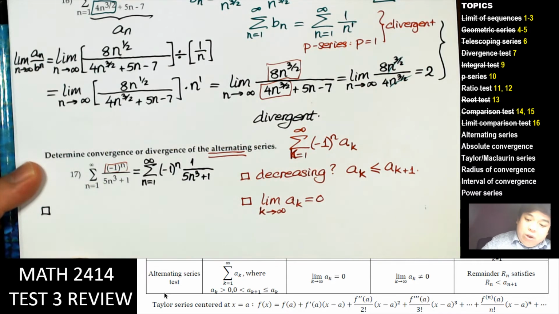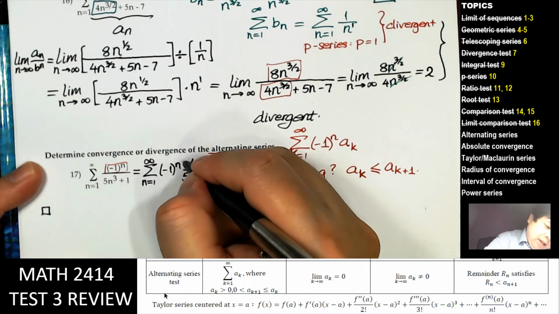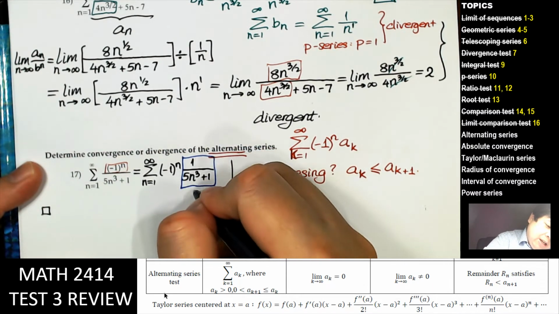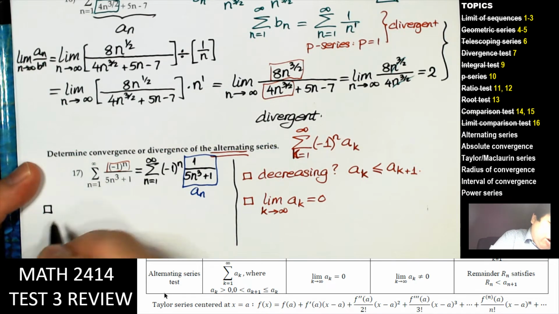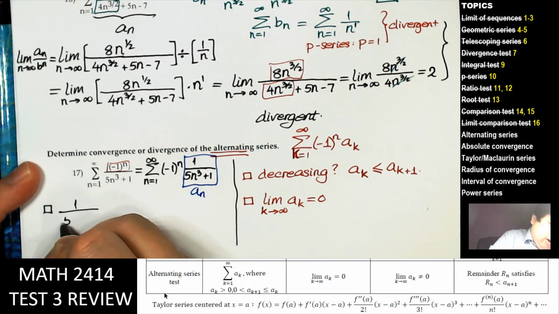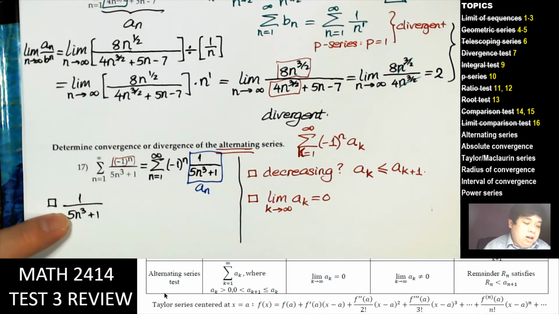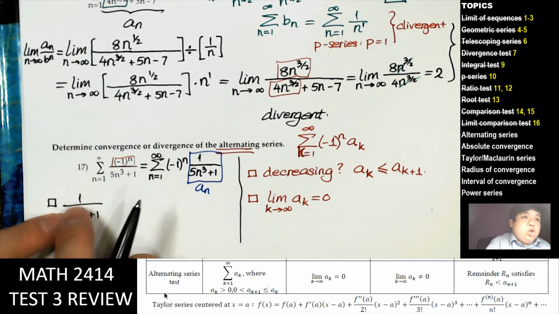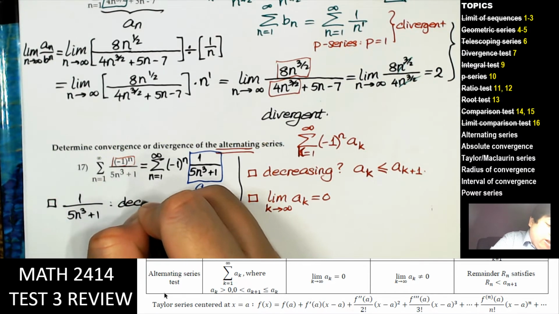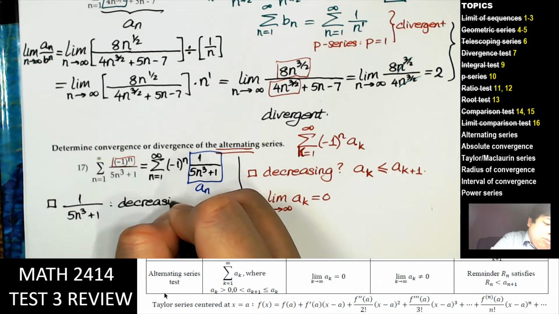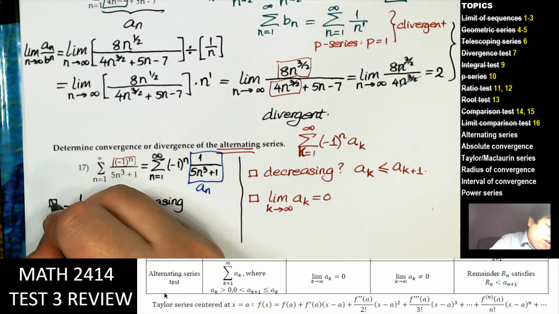And this is what we will let equal a sub n. Now this one should be obvious: 1 over 5n cubed plus 1. The bigger the values of n, the smaller the quotient. So this one for sure is decreasing, because the denominator keeps getting bigger, the quotient gets smaller.